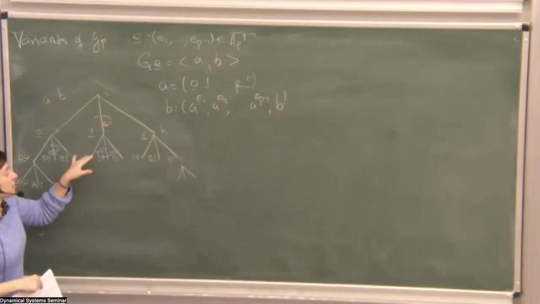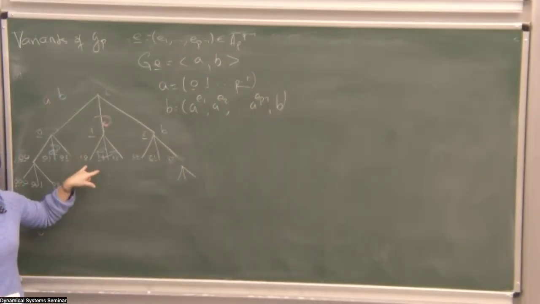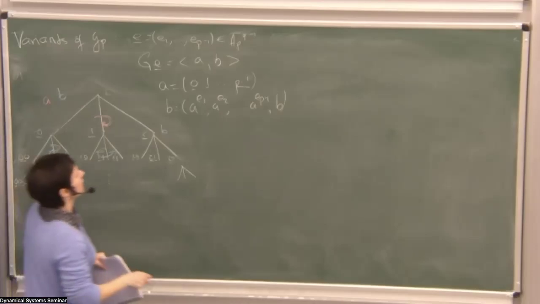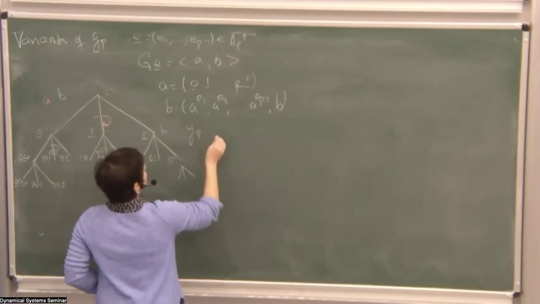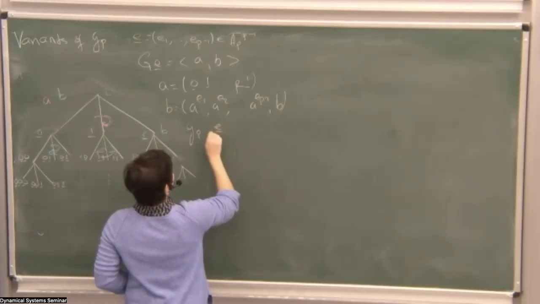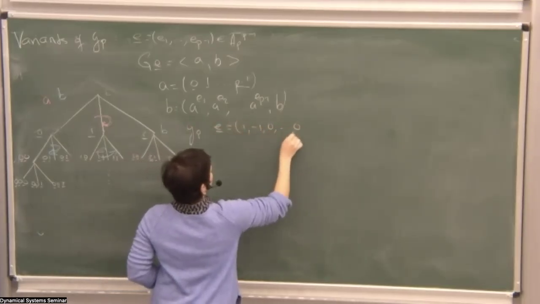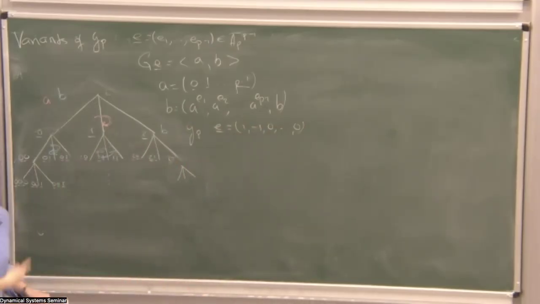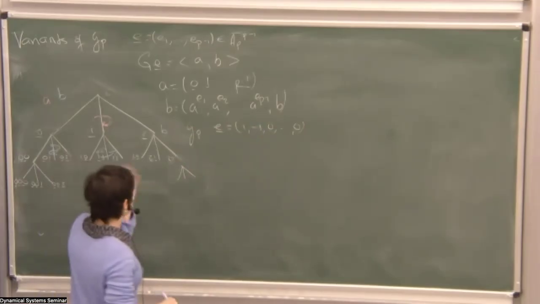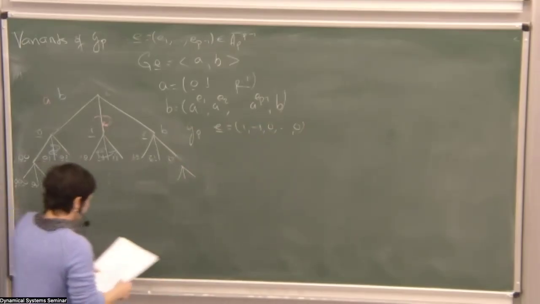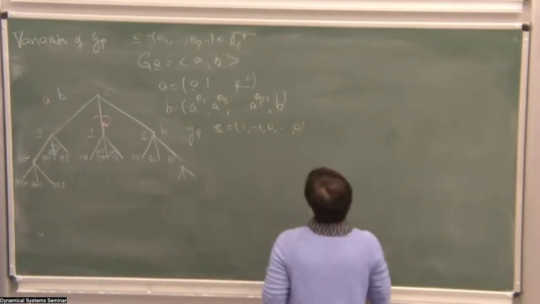So we've just changed the powers of a that we're allowed to do down below. G_GS will be for the vector (1, -1, 0, ..., 0). And if you change the vector, you change the group most of the time.